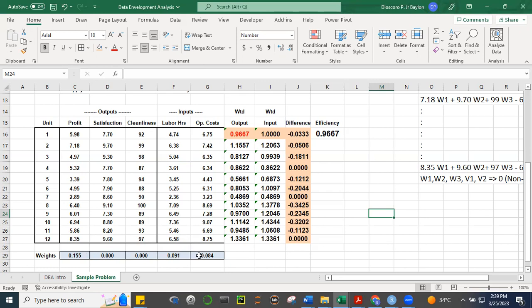They should be non-negative so that you're maximizing the efficiency of that unit. In this case, this is the combination of weights for the outputs and inputs that will maximize the efficiency of unit 1. So unit 1's efficiency is 0.9667.